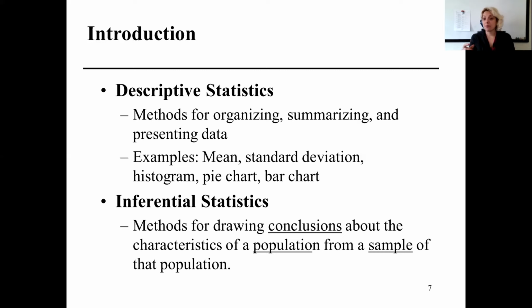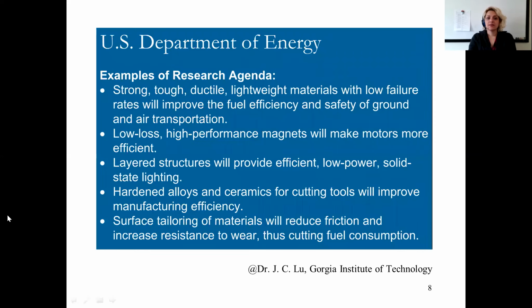For example, in the GPA example about engineering students in Canada, the method that I would use to draw a conclusion about the GPA of the whole population from the sample, that would be inferential statistics. You're doing something inferential. That's inferential statistics.